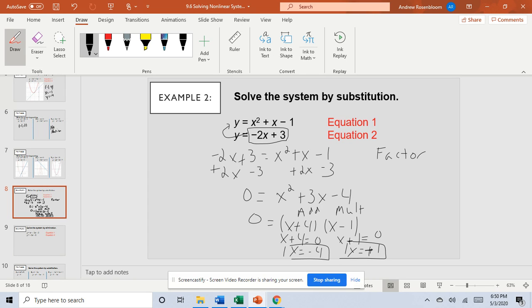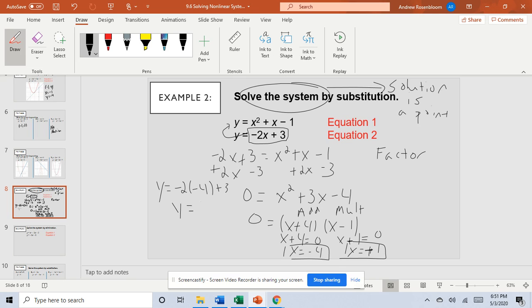Now, you're not done though, because your solution to all of these is a point. So when you're asked to solve the system, the solution is a point. So we need to find the y values for both of these x values. So how are we going to do that? We're going to plug our x values back in. So we know that y is equal to -2 times -4 plus 3.